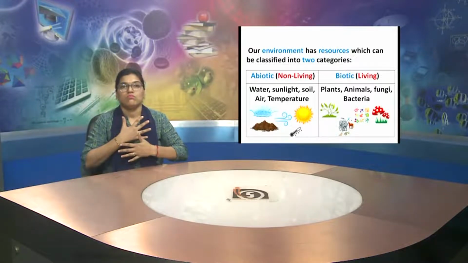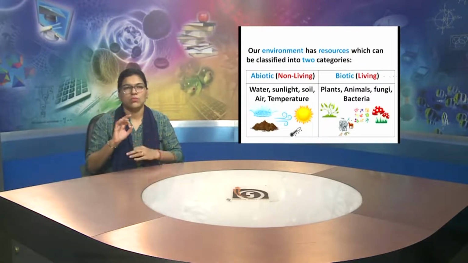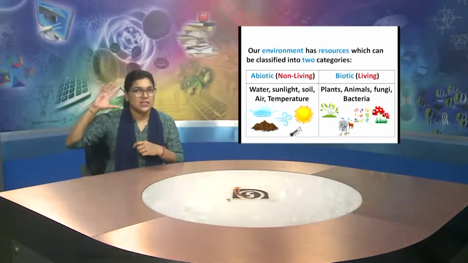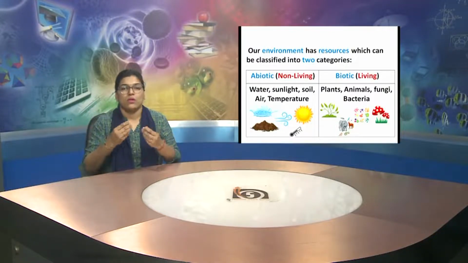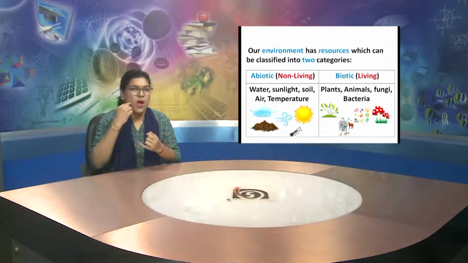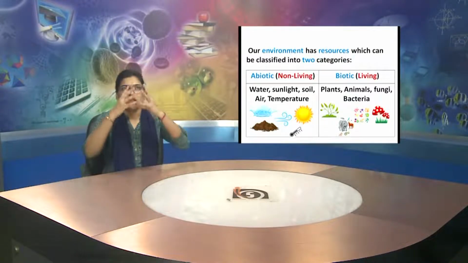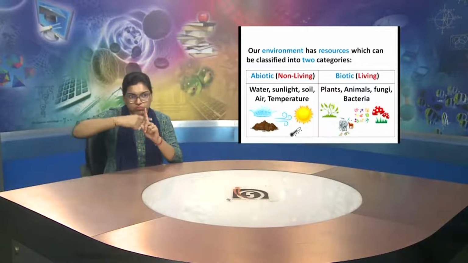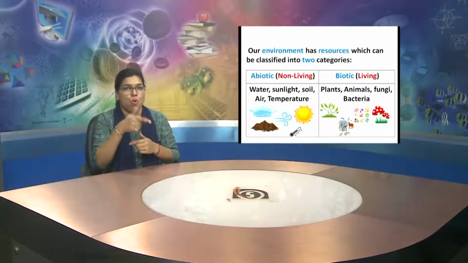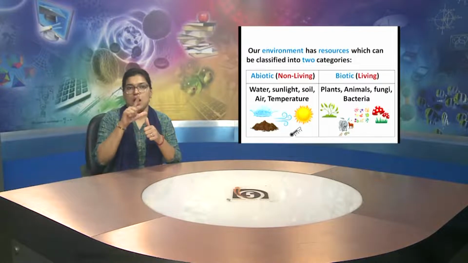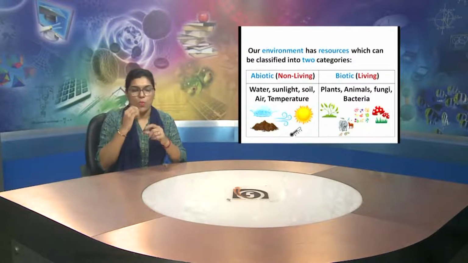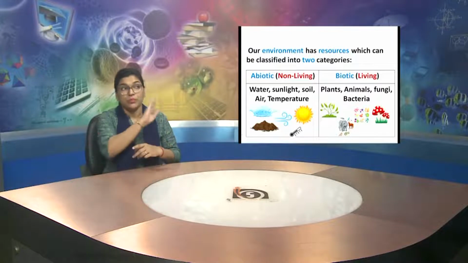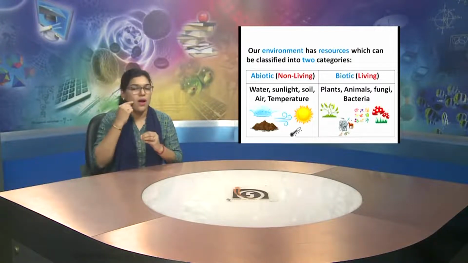Let us first understand the meaning of abiotic. Abiotic are those resources which are non-living. You can also see the image on the screen, like the soil, the water from the rain, the temperature. All these resources are known as abiotic or non-living resources.